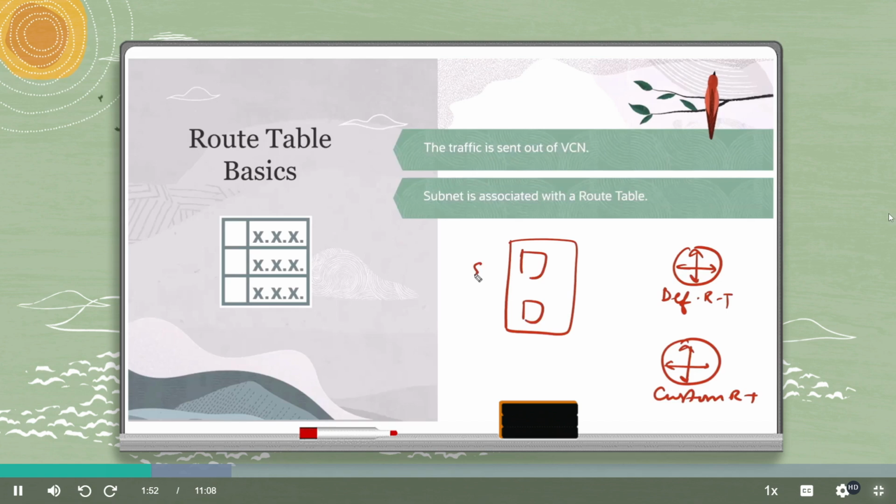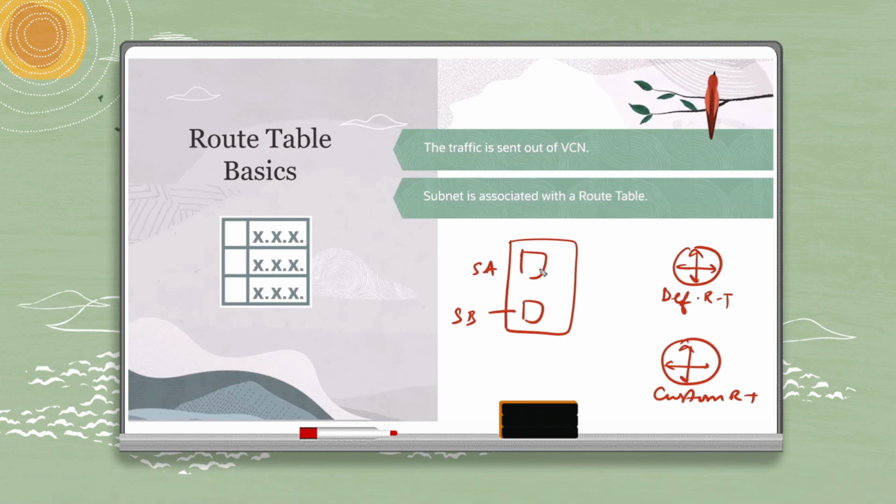And let's say there are 2 subnets, subnet A and subnet B. Now, it cannot be the case where one subnet is associated with both the route tables. This configuration is not possible. What is possible is one subnet can only be associated with one route table. So if you have this in place, this cannot be the case. But the reverse is possible.